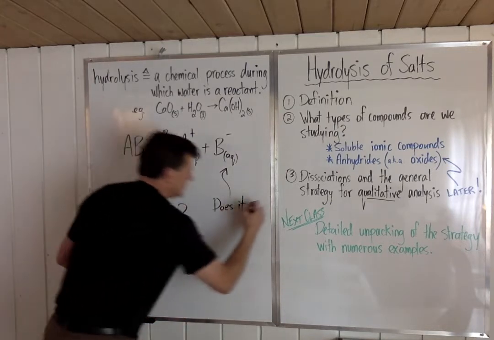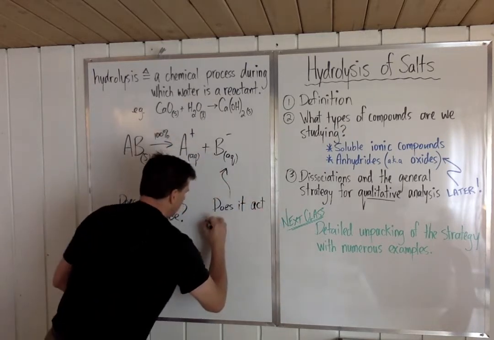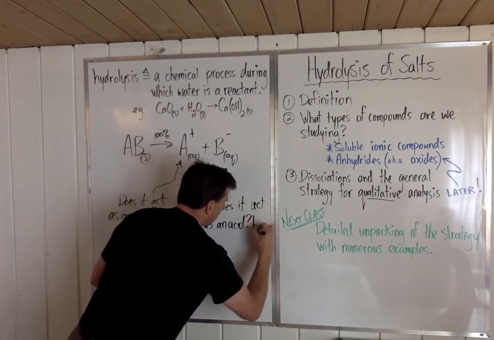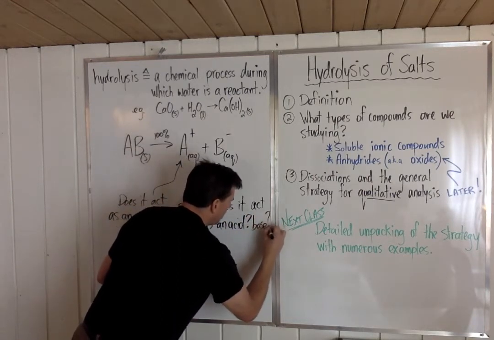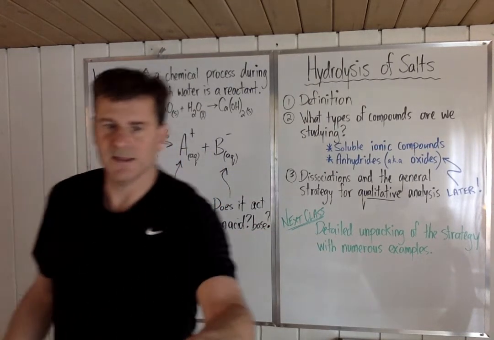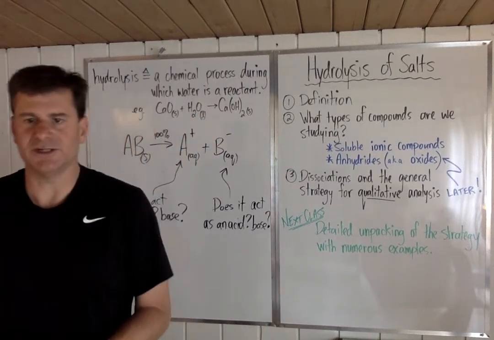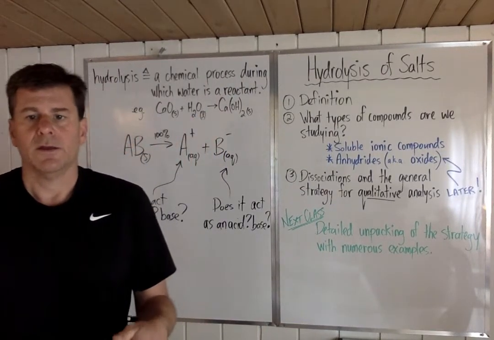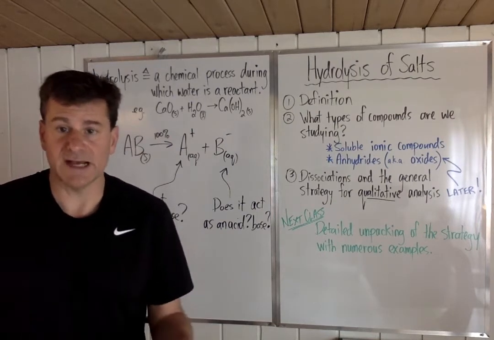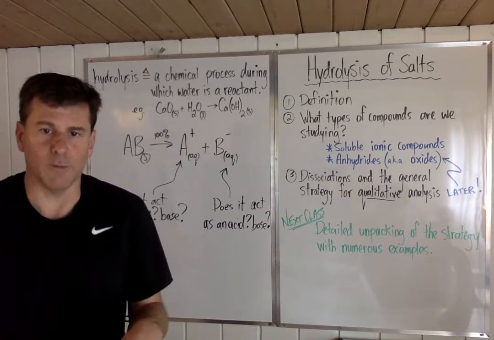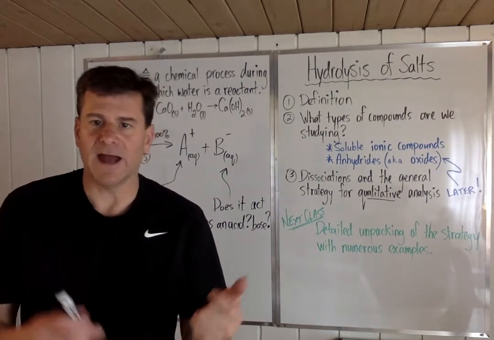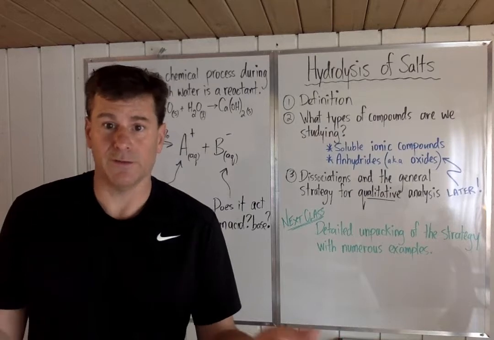the B minus, does it act as an acid? Base. I literally ask the same question to each of the ions. And sometimes it's quite a complicated answer, whether it does or it doesn't, or the actual figuring out, what if you happen to have an ion that is amphiprotic and it can do both.